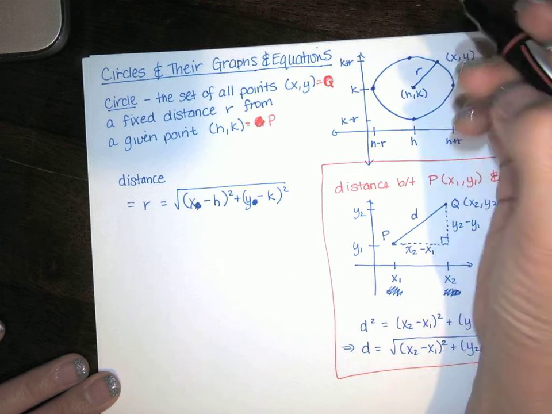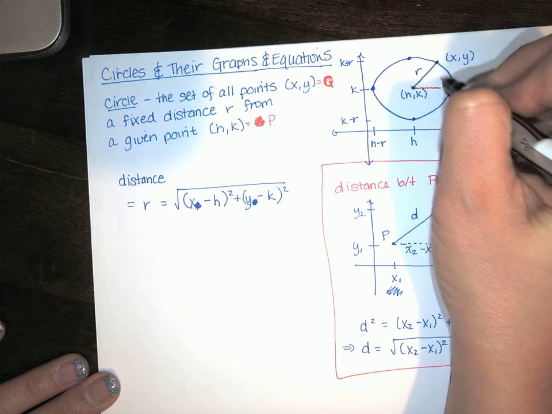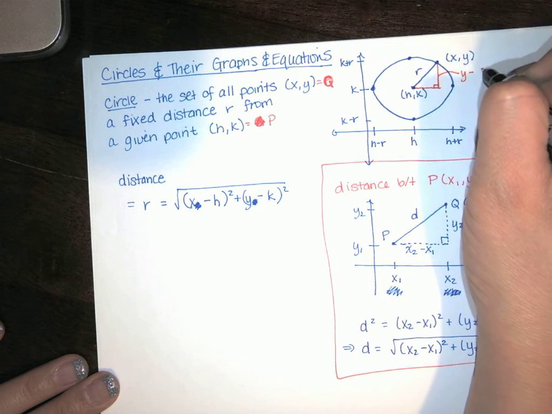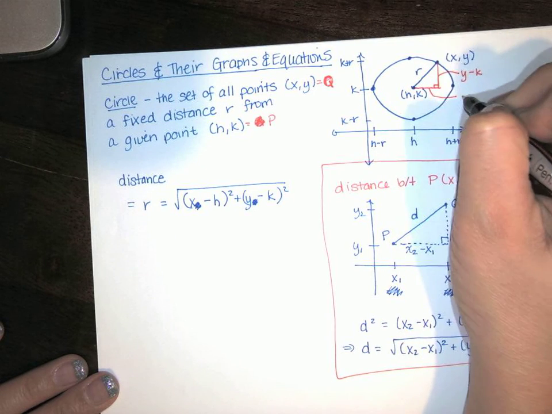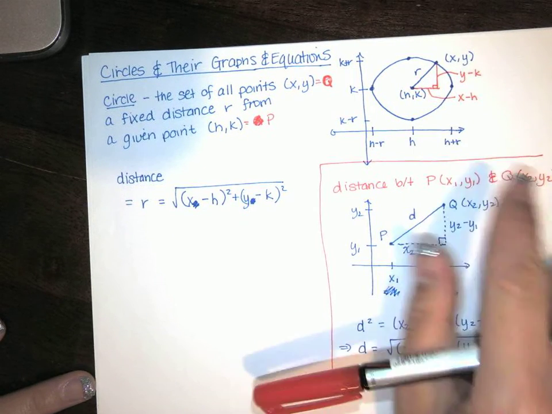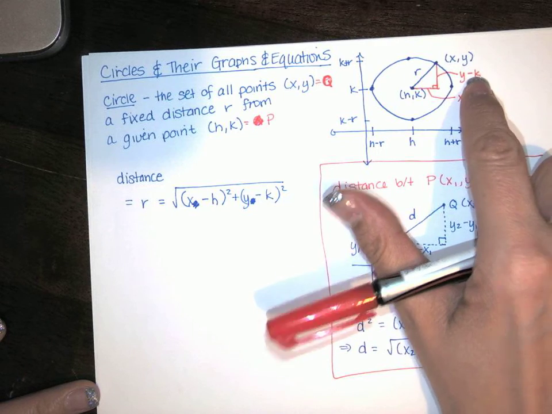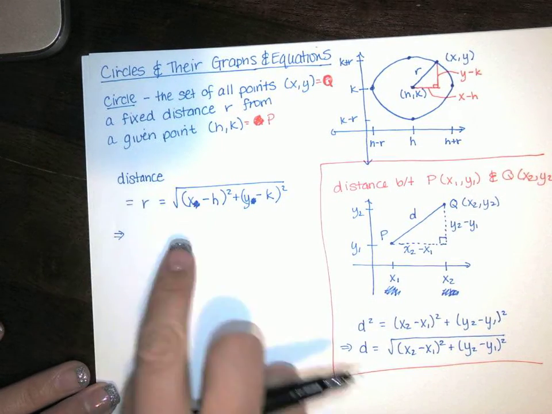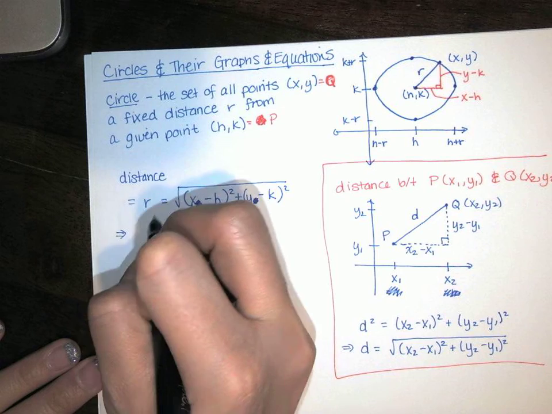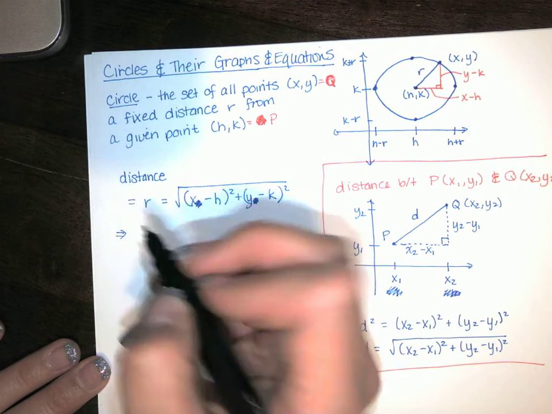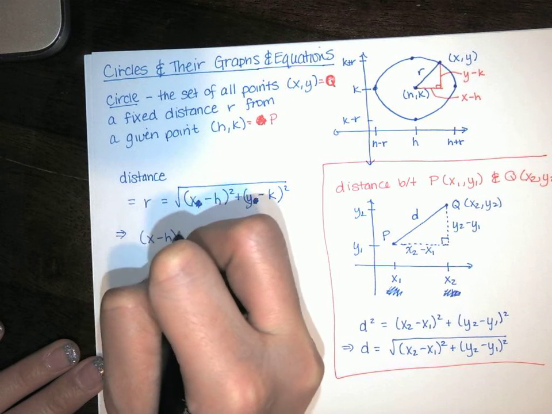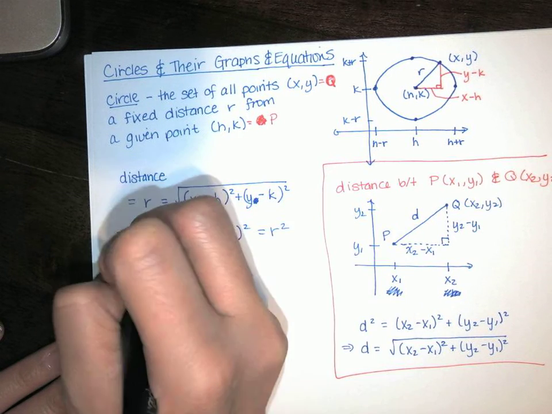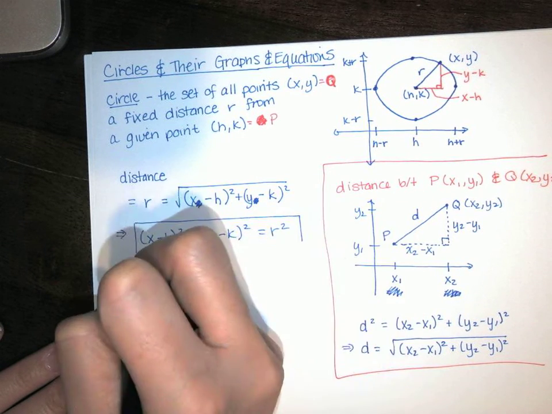Or, using the Pythagorean theorem over here, this distance is y minus k, this distance is x minus h, and this squared plus this squared has to equal r squared. So we have, by the Pythagorean theorem, r squared equals that without the square root, or I can rearrange it: (x minus h) squared plus (y minus k) squared equals r squared. That's the equation of a circle in standard form.